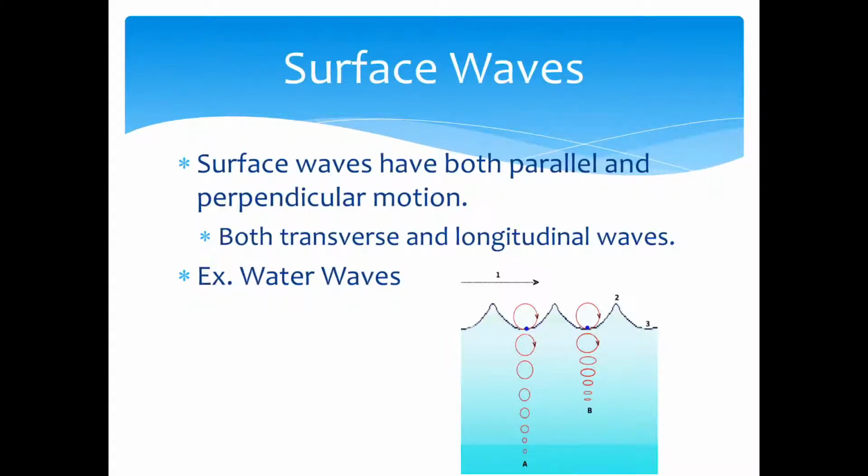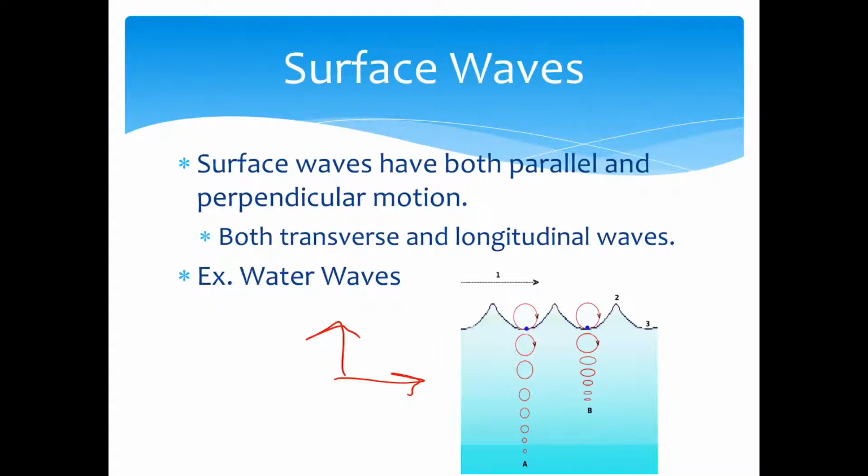Now let's talk about surface waves. I didn't bring these up as a type of wave in mechanical waves because these are both transverse and longitudinal waves. Surface waves have both a parallel and perpendicular motion. They move with the wave and perpendicular to the wave, which is the water waves we see in Lake Superior or in the ocean.